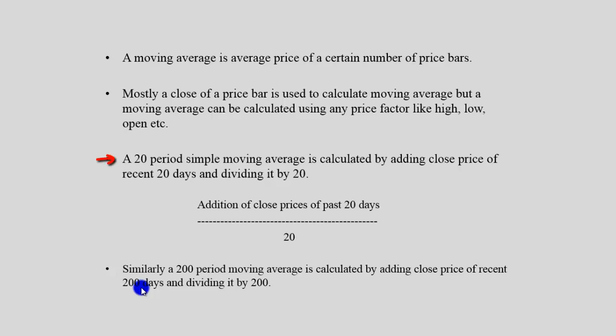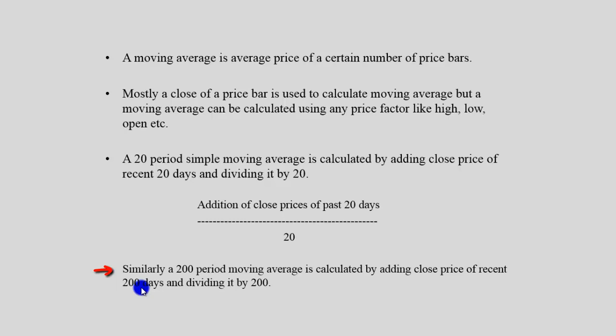A 20-period simple moving average is calculated by adding the close prices of the recent 20 bars and dividing by 20. Similarly, a 50-period moving average is calculated by adding the close prices of the recent 50 bars and dividing by 50.